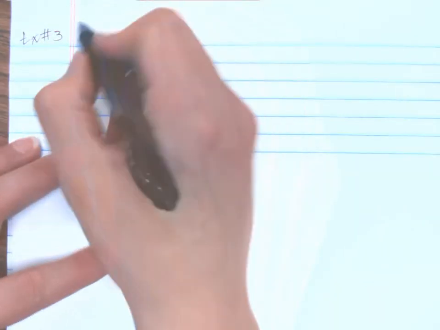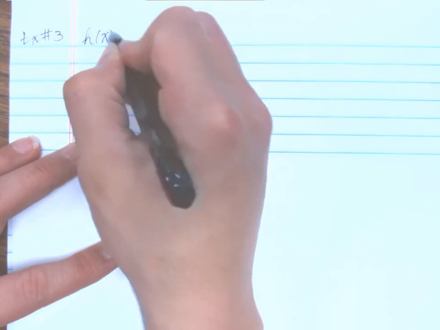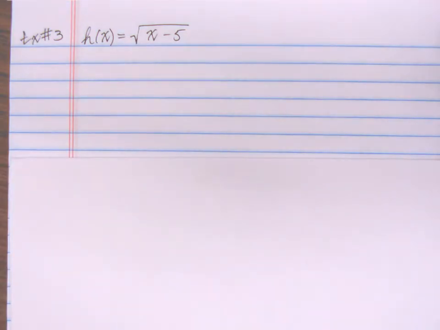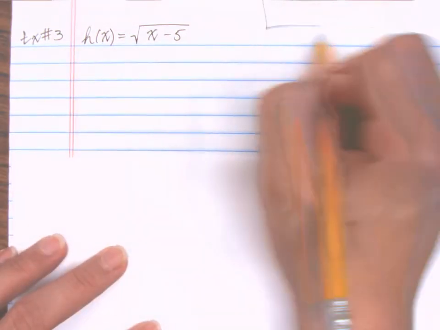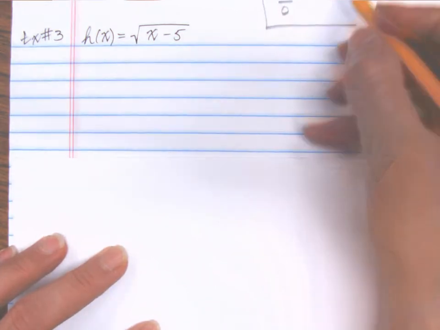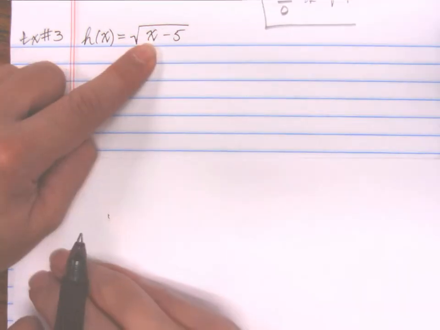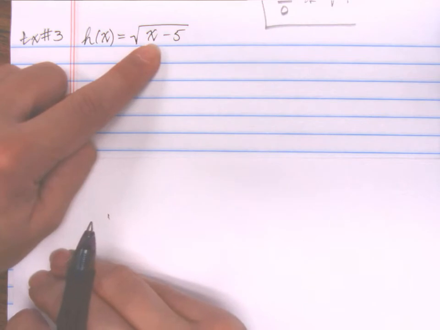Let's go ahead and look at another example. This one will have square roots in it. So let's say, for example number 3, I'm given a function h of x equals the square root of x minus 5. Just remember, we're looking for one of these two situations, 1 over 0 or square root of a negative. I'm not really concerned I'm going to end up with 0 in a denominator because I'm not looking at anything rational here.